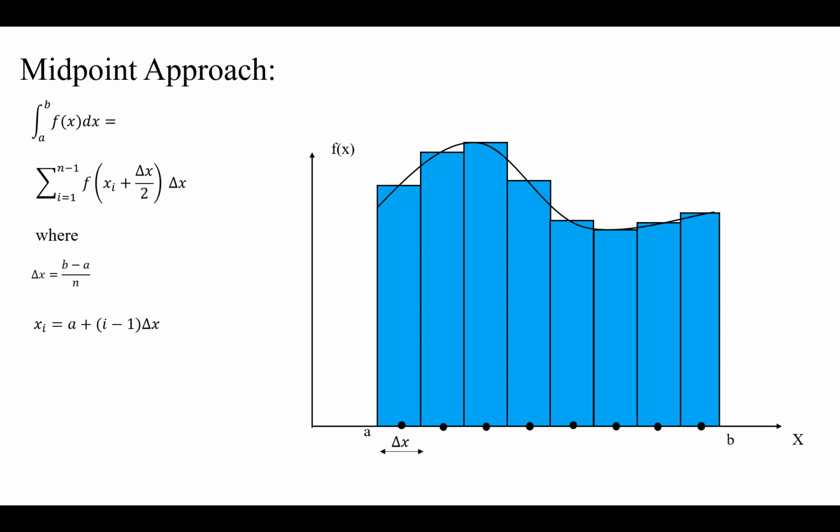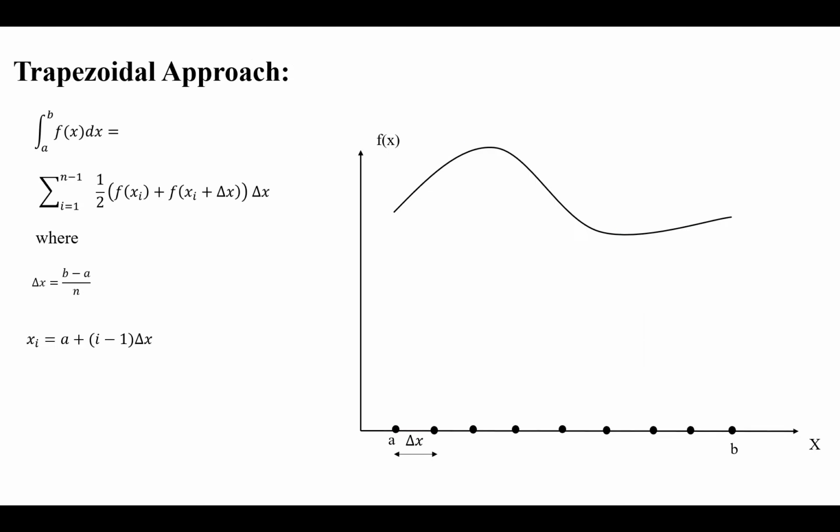So that's half of our interval. So we are evaluating the function in the middle of our interval, and that would be the height of our rectangle, and delta x would be the base. So this midpoint approach, visually we can see it gives us a better approximation. If you subtract the extra areas from the areas that are missing, we get very close to the exact solution.